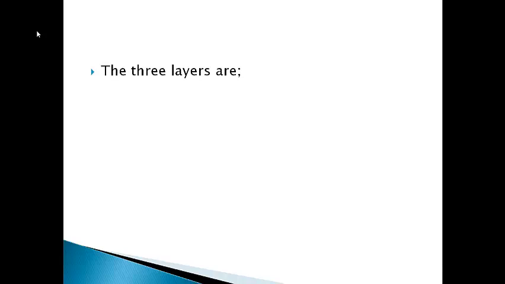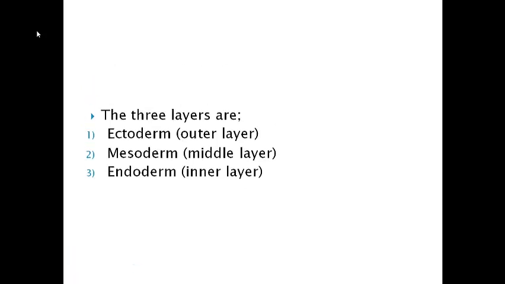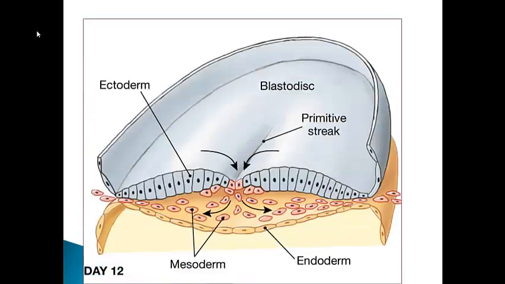So once the three layers are formed, we refer to them as the ectoderm, which is the outer layer, the mesoderm, which is the layer in the middle, and the endoderm, which is the innermost layer. So those are your three layers formed during gastrulation. Okay, so with this picture, it's just basically showing you a cross-section of the germ disc.